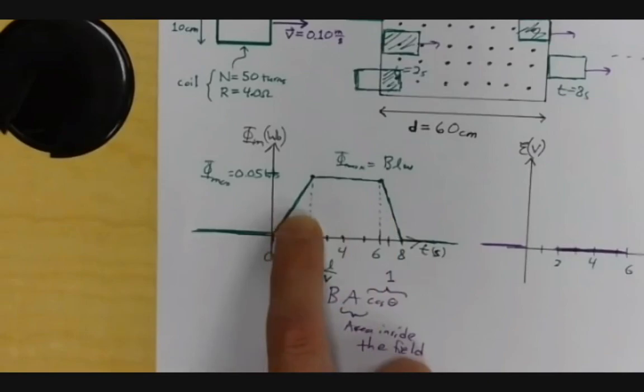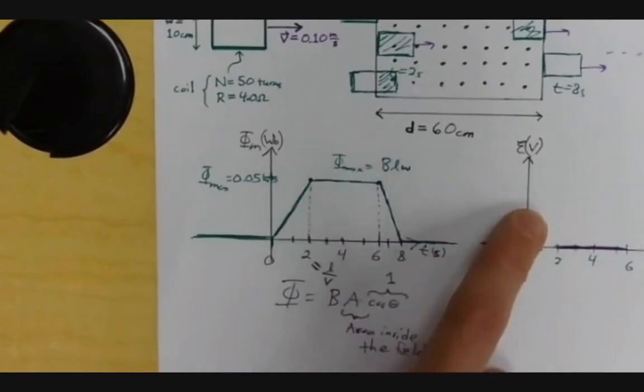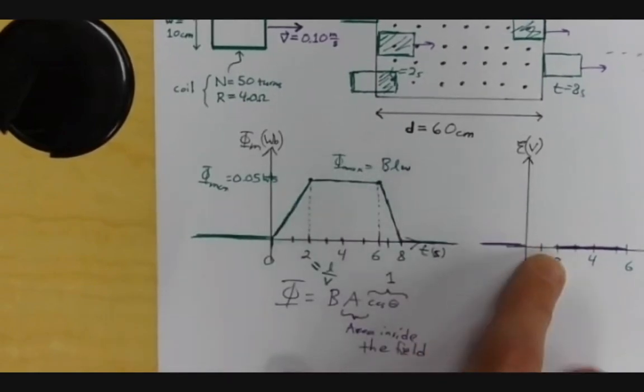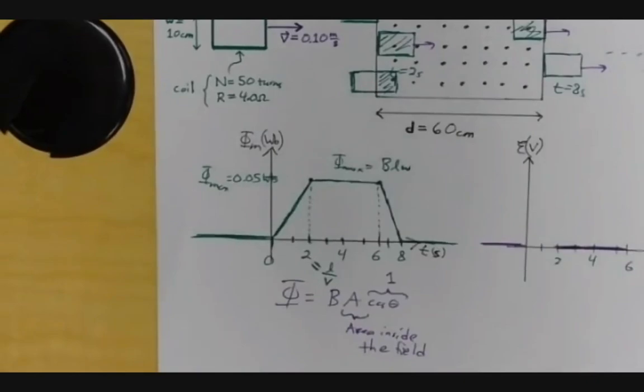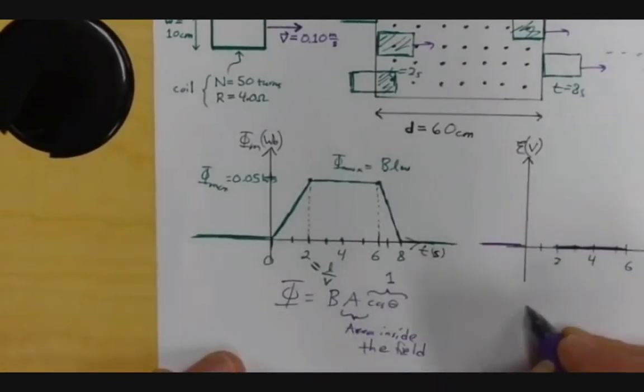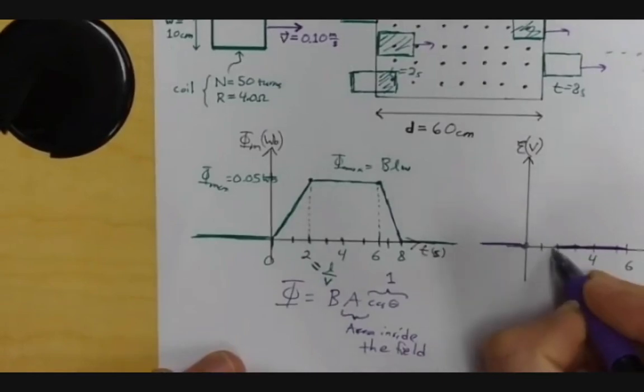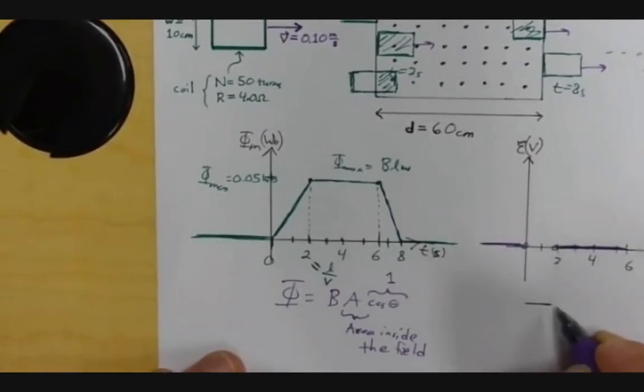So positive 0.025, but I multiply that by negative 50. So the value over here is negative 1.25 while you're entering, and equal and opposite values, positive 1.25 while you're exiting. So it's basically a little plateau down here and then a little plateau up here.